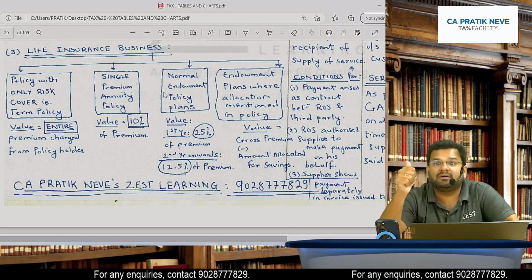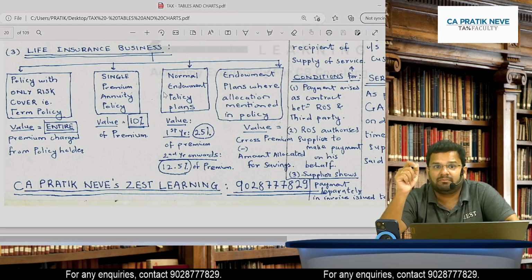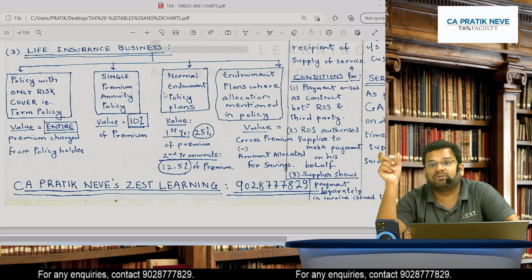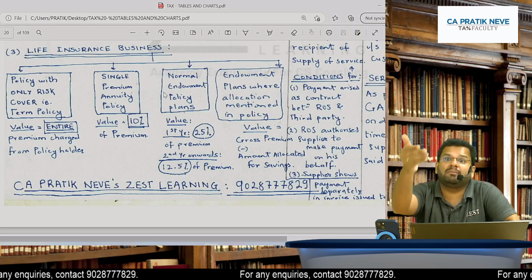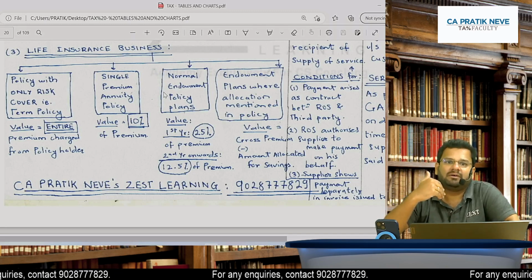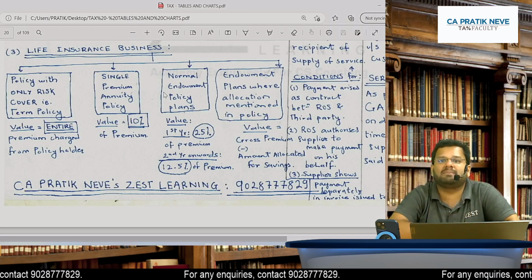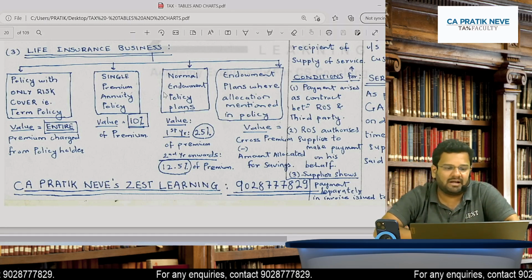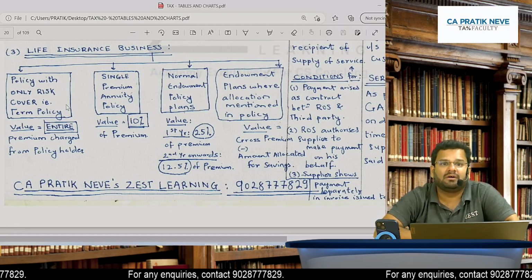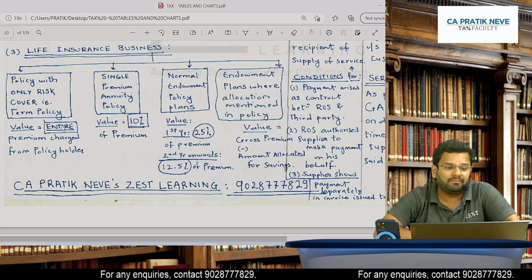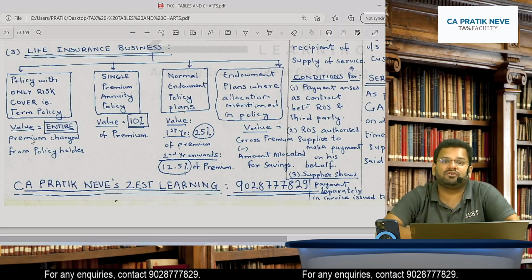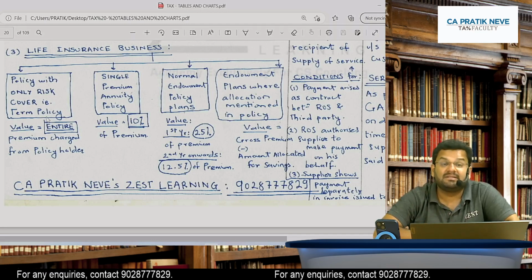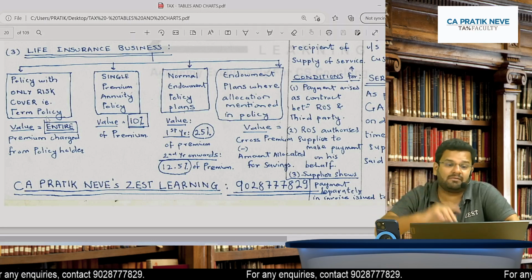In endowment, you are paying premium for securing your life, plus in future you get the money back. That is endowment. In term, you don't get the money back. So term is a 100% life insurance product. So the entire premium in term is towards life insurance, so the entire premium will be assessable value.